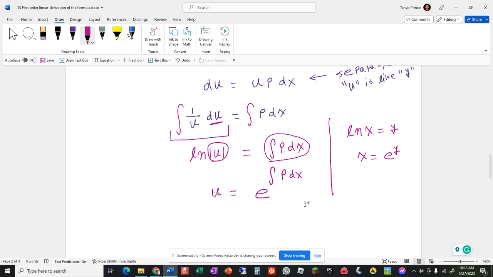And then plus c, I'm going to avoid plus c here because we're going to choose c to be 0. For the u, we're only looking for one very specific u. So we just choose c to be 0 to make our life simple.